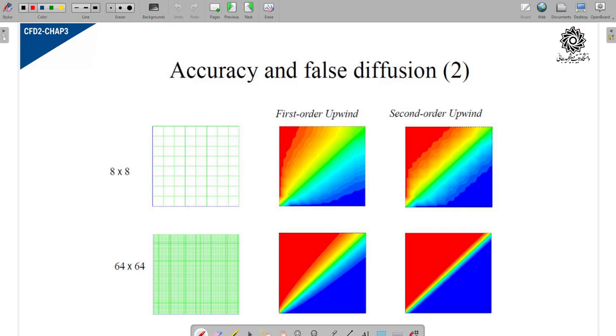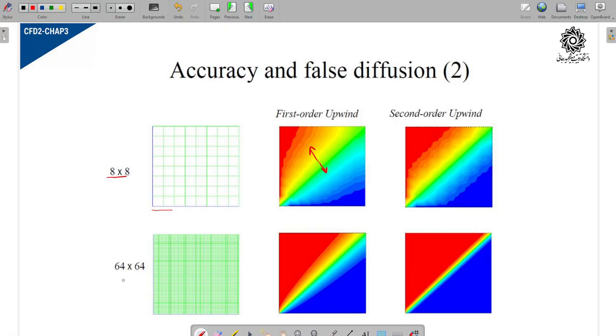For a coarse grid, the false diffusion is large, and in this domain diffusion occurs and the error is big.